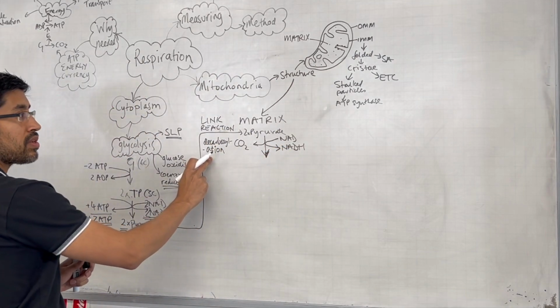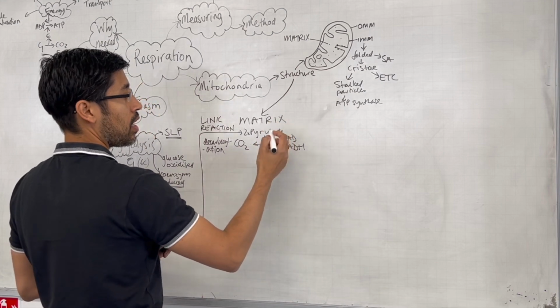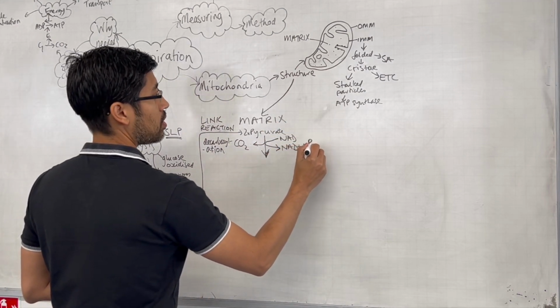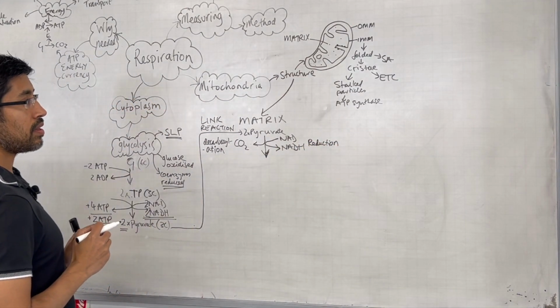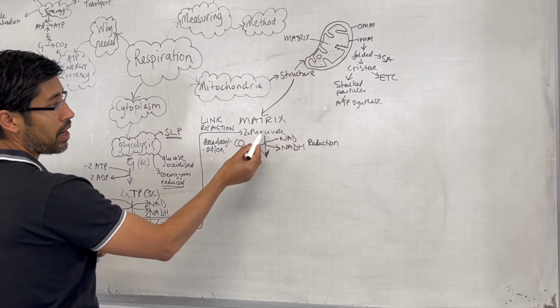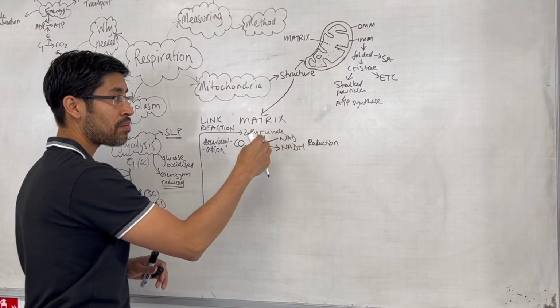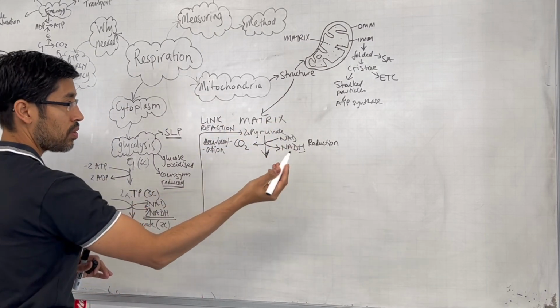You can call this a reduction or a dehydrogenation. Reduction right there. So remember though that the pyruvate is being oxidized. It's the coenzyme NAD that is getting reduced because it's gaining the hydrogen. Okay.